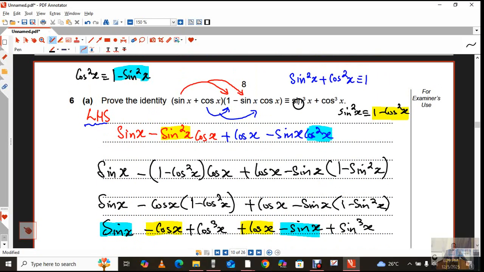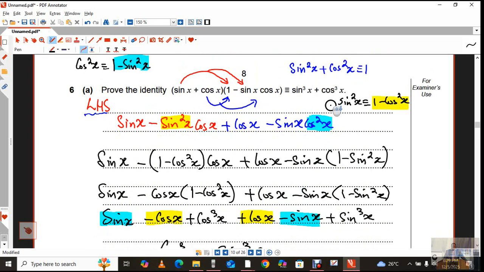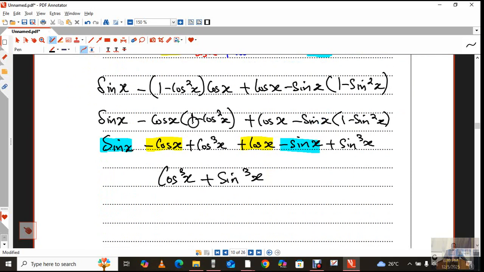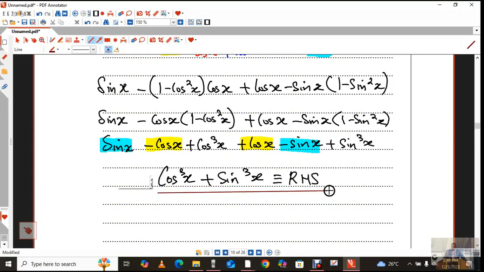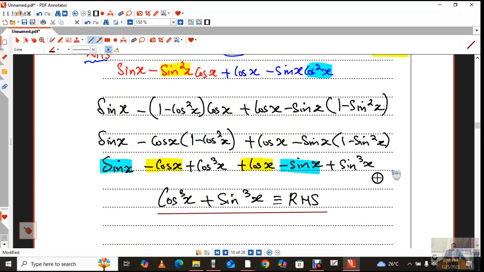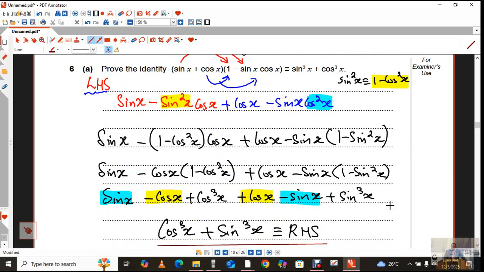It was sin cube x plus cos cube x. So we have effectively proved that the left hand side is identical to the right hand side. The ability to play around with colors is quite helpful. Quite a straightforward identity to prove, if you ask me.